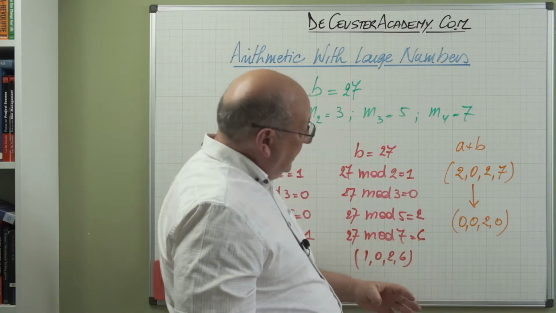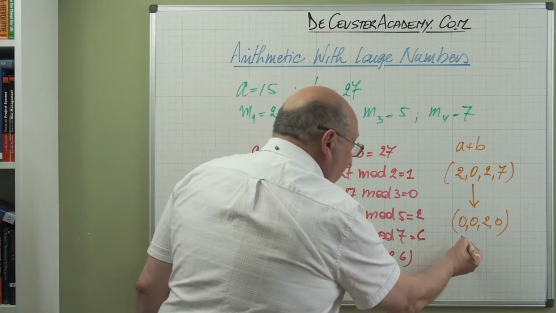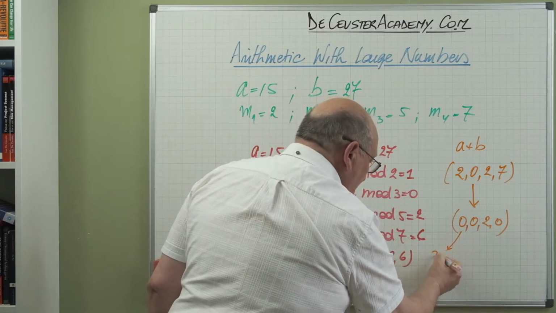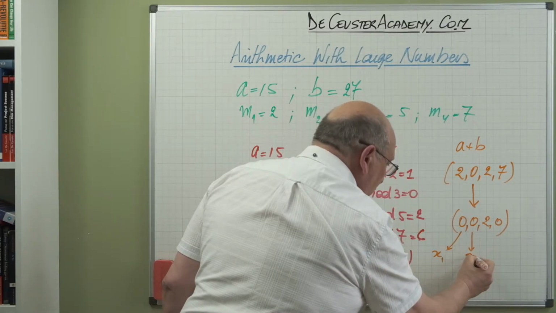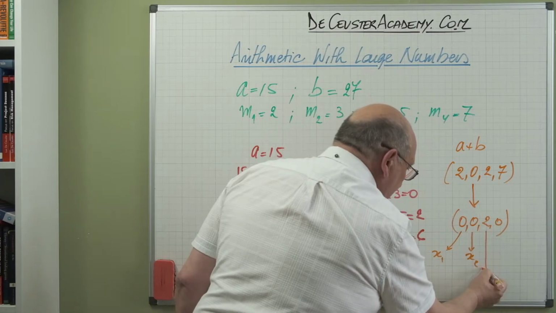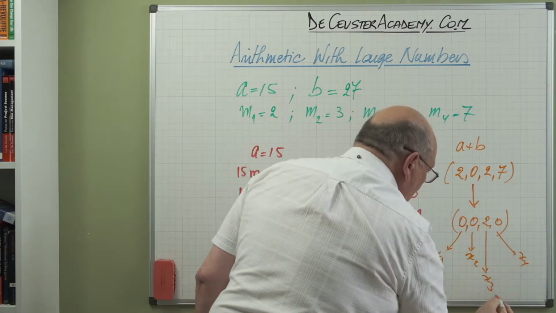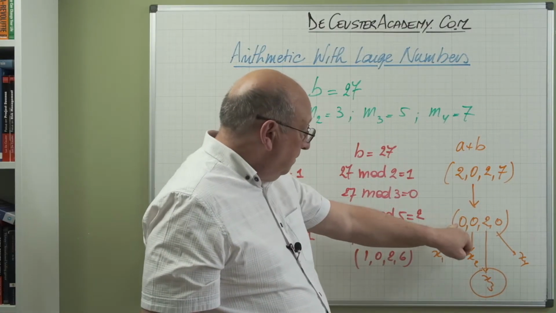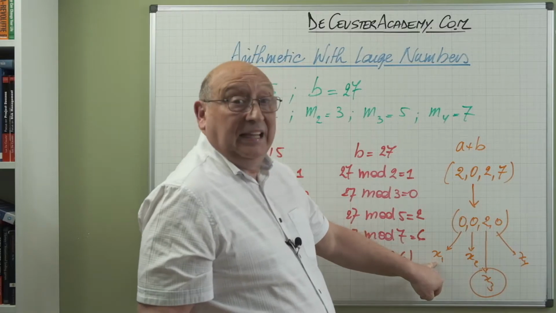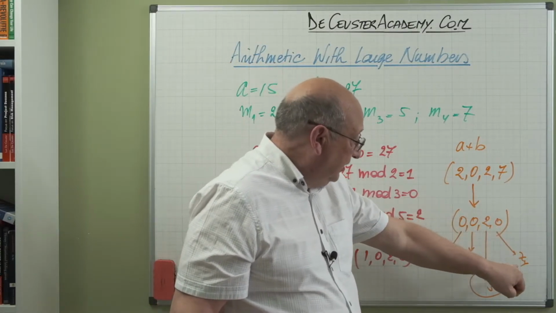Basically, that will be easy for our final solution, because for this one we find x1, x2, x3 and x4. So basically we only have to find x3, because b1 is 0, b2 is 0, b4 is 0.